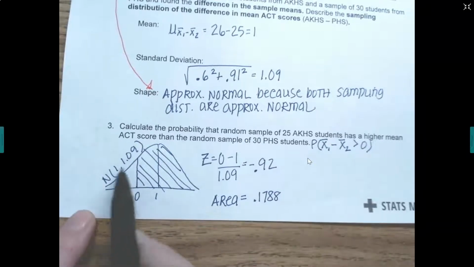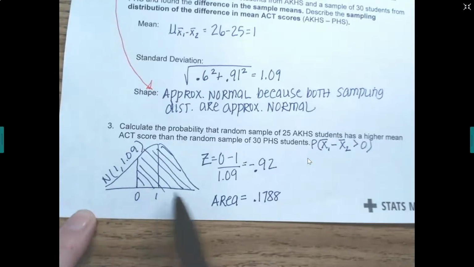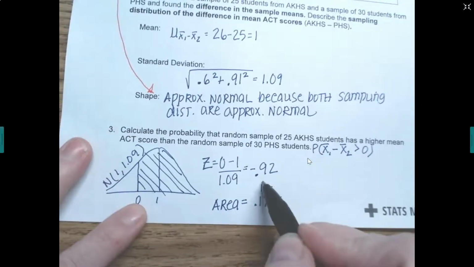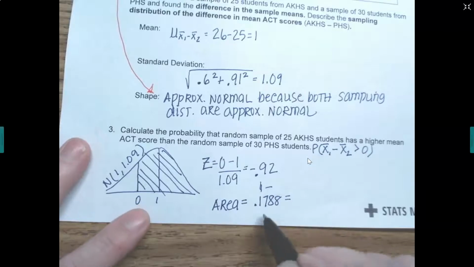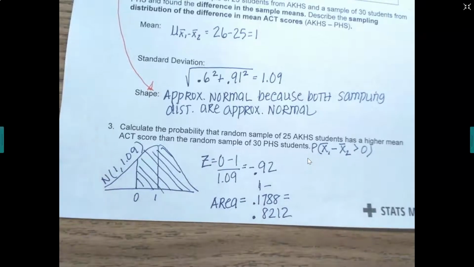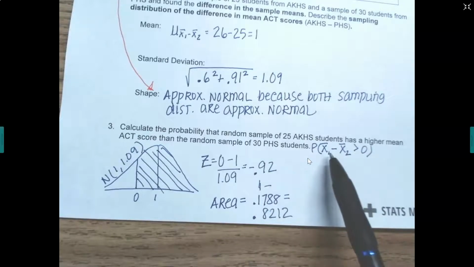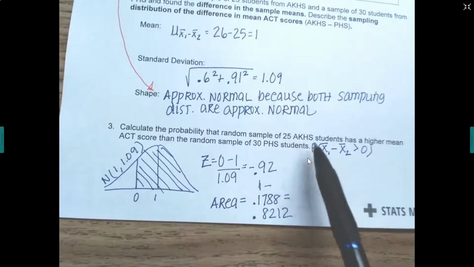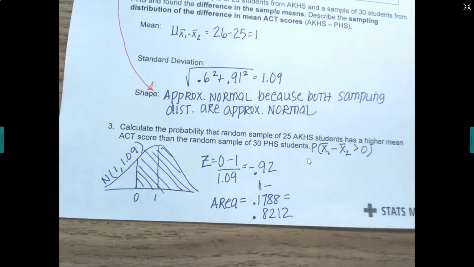Remember, table A gives you to the left, and we're asking to the right. So we just have to do 1 minus, and that gave us an area of 0.8212. So there's just over an 82% chance that you can get a sample that has Kell students outscoring Providence students.